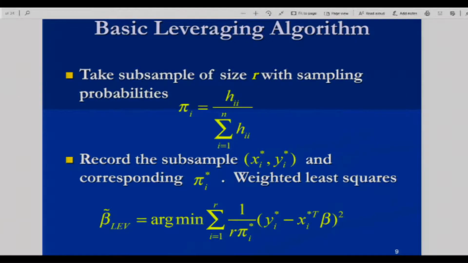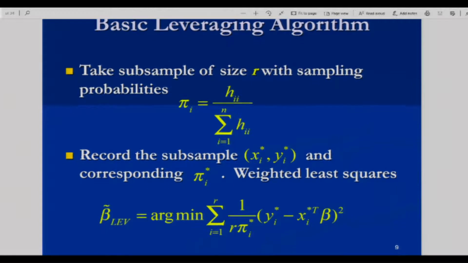We take the leverage as proportional to our sampling probability, use it to get a subsample, and then we get our leverage estimator using a weighted estimate of the least squares. This is essentially the basic leveraging estimate.